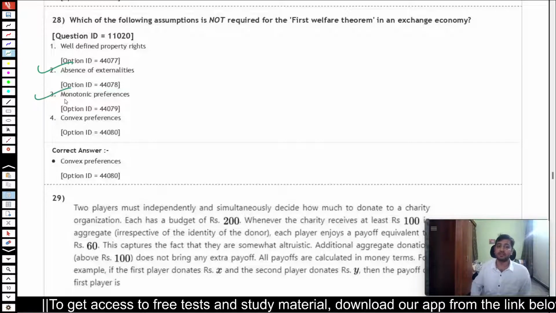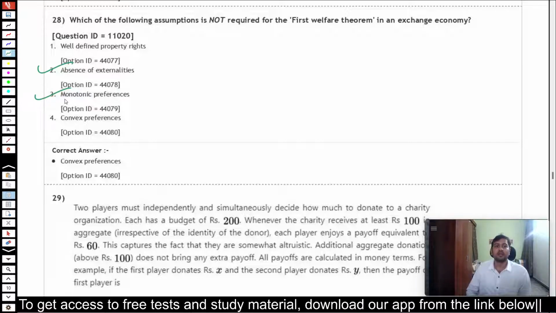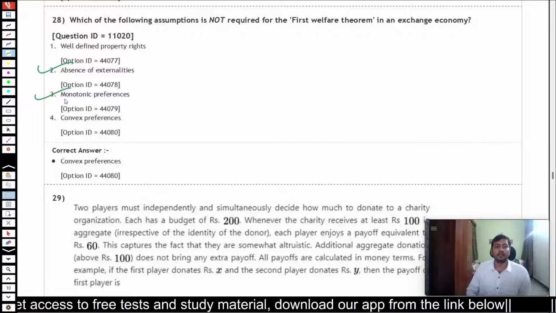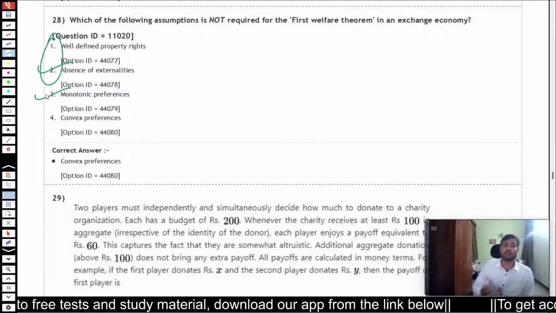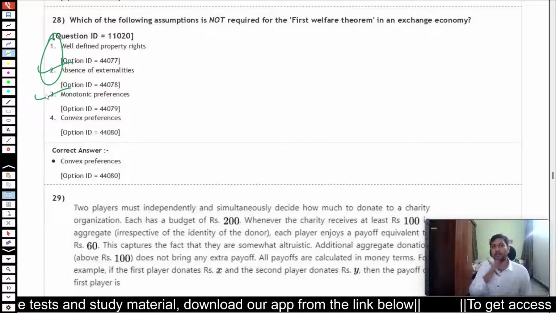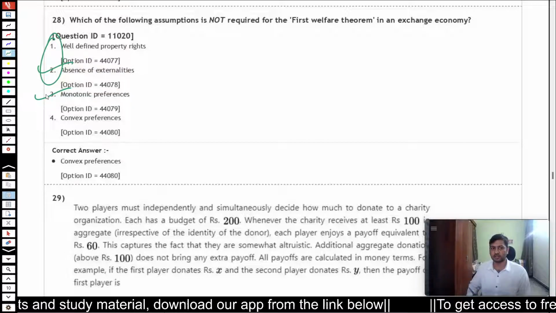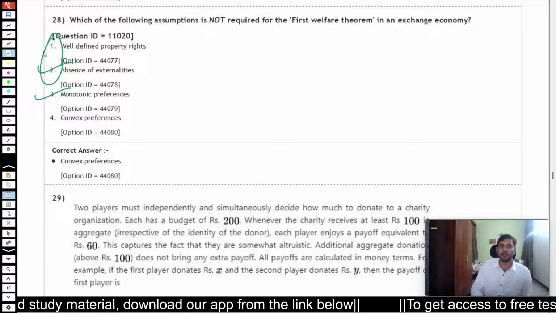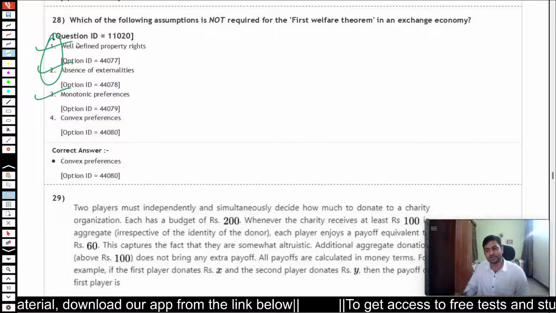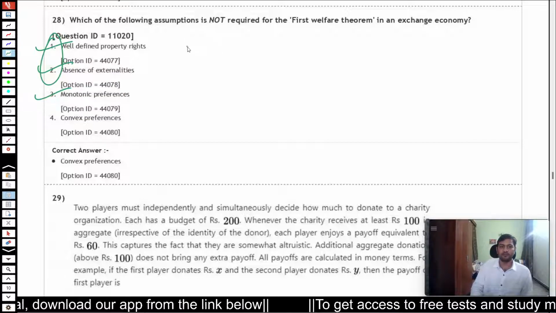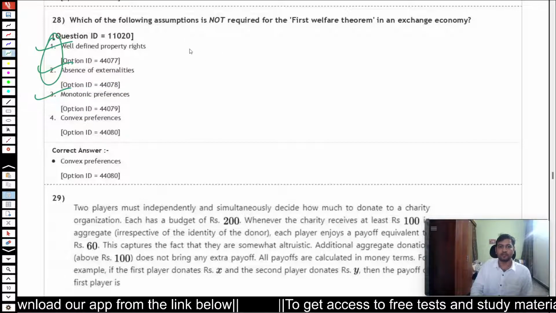Monotonic preferences is also required, and the third one is the first option, well-defined property rights. So when well-defined property rights are not there, that is when externalities arise. Actually, these options 1 and 2 are one and the same. Whenever property rights are defined, externalities cease to exist. That is Coase theorem. Okay, so you can just Google Coase theorem.